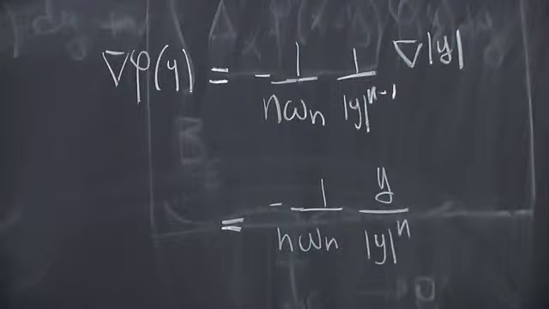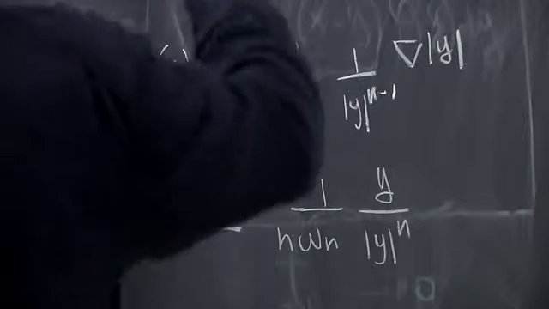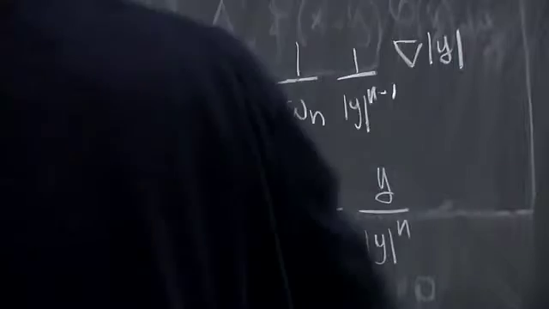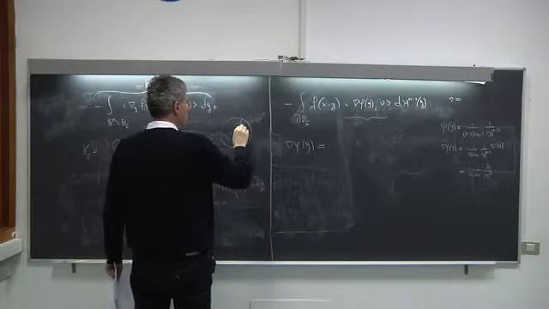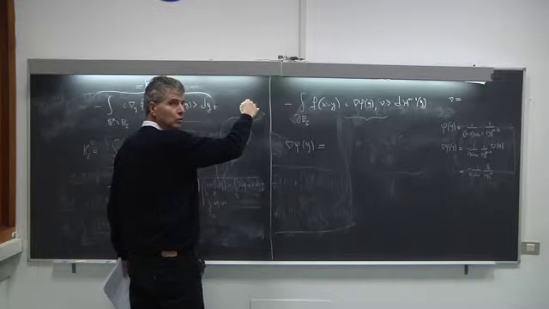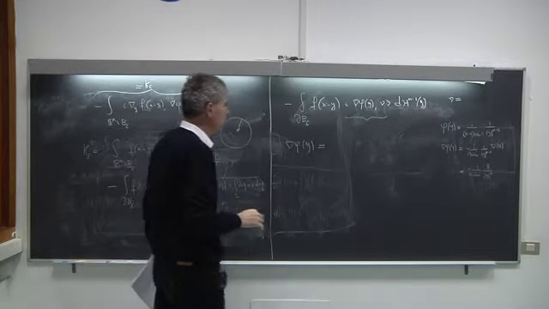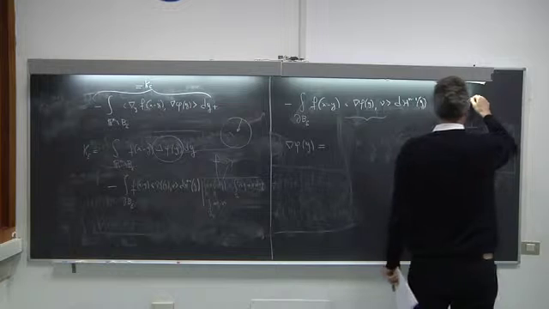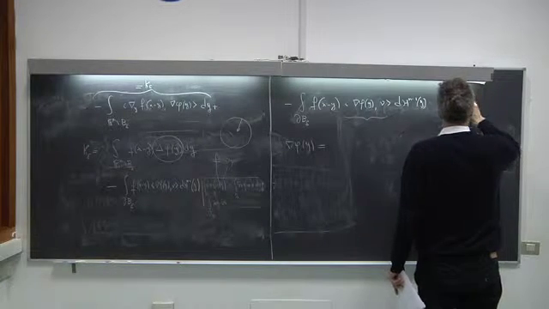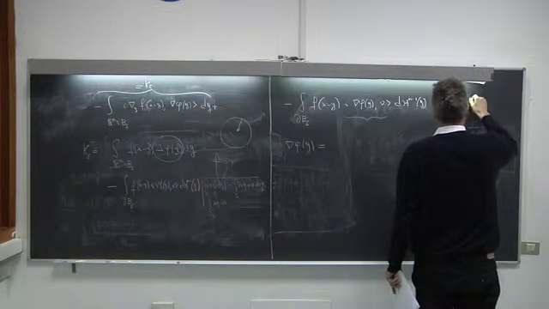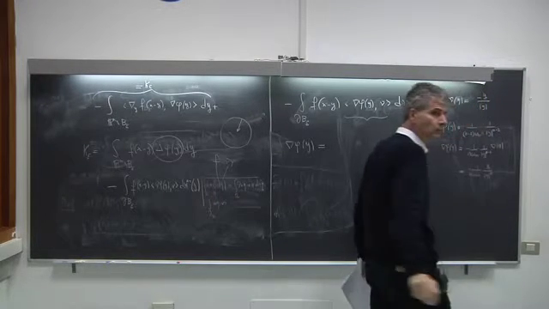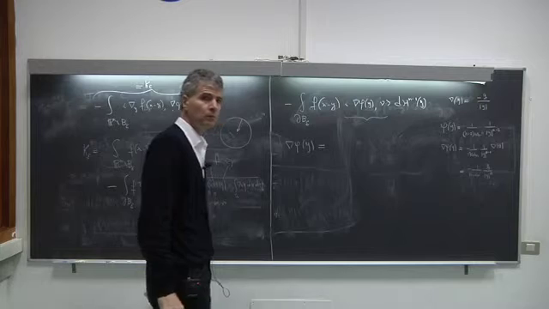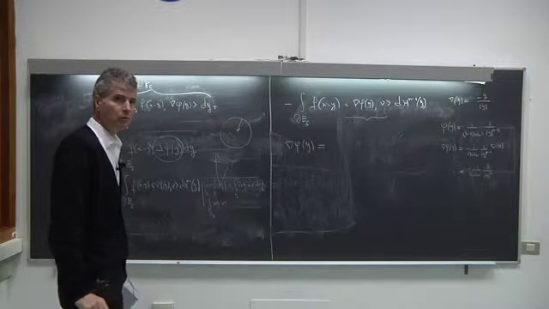So that is grad phi, and nu is actually, we have said that nu is exterior to the complement. Therefore, nu at y is equal to minus y divided by |y|, with the minus.